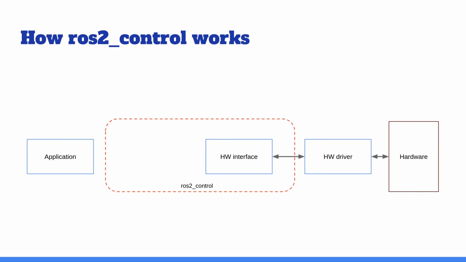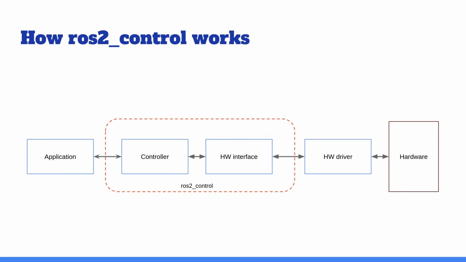Sometimes those two are mixed together and are the same thing, but we're also going to see later how it's best to have a pure C++ hardware driver and then a hardware interface that's going to work with it. So the hardware interface is basically also just communicating with the hardware. It's a piece of code inside your ROS2 control architecture that's going to allow you to send commands to the hardware and to also read the data from sensors or encoders or stuff like that.